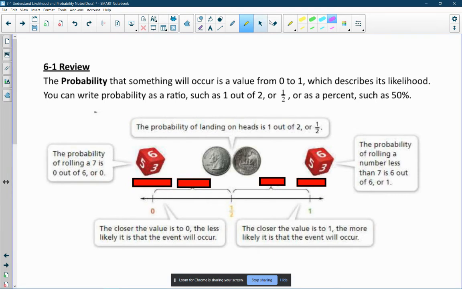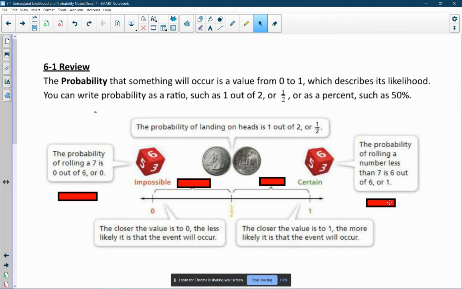Okay, so we just have some little words here we're going to go over. So basically, this says a probability of rolling a 7 is 0 out of 6. So we'd say that's impossible. You can't roll a 7 on a 1, 2, 6 dice. Well, this one on the far right says, well, rolling a number less than 7. Well, all the numbers are less than 7, so it's certain, right? If there's no chance, it's impossible.